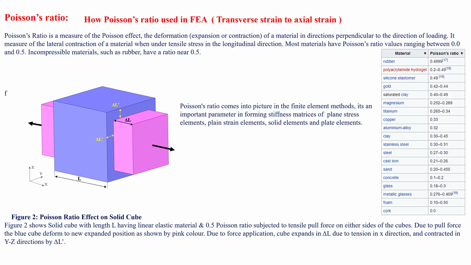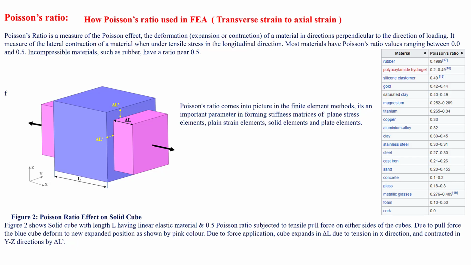It is used to measure the lateral contraction of a material when it is under tensile stress in the longitudinal direction. Most metals have a Poisson's ratio from 0 to 0.5. An incompressible material like rubber is 0.5, completely incompressible.